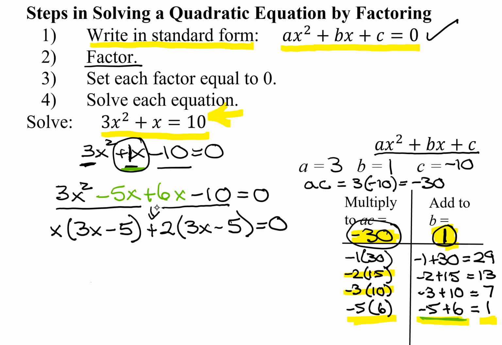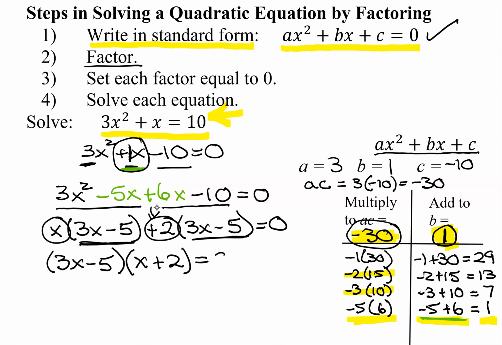So now factoring by grouping only works if this binomial is the same as this. Are they the same? Yes. So I pull the 3x minus 5 as my common binomial factor. It goes in front. And what does it leave behind? X plus 2. So I finally factored. And remember, how can you check every factoring problem? By FOILing it out to see if you end up with this equation here.